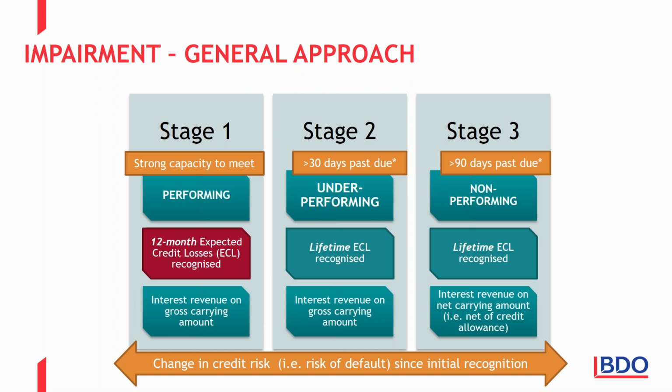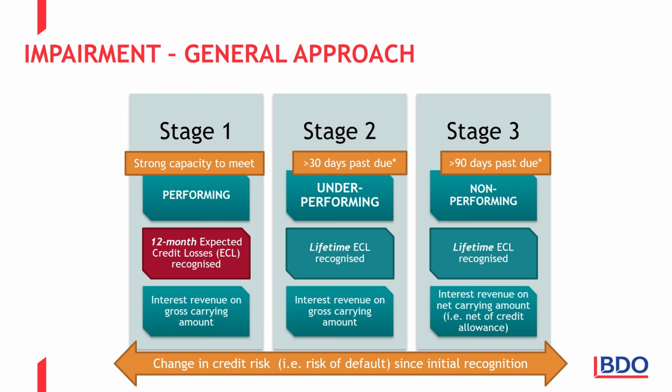However, if there is a change in the performance of that particular loan receivable, our financial asset, and that loan receivable becomes underperforming, so there's a change in the credit risk, or there's a change in the risk of default since initial recognition, it would move to stage 2.